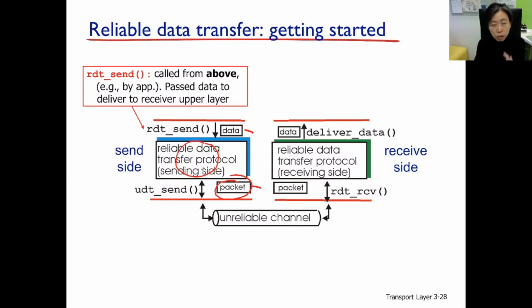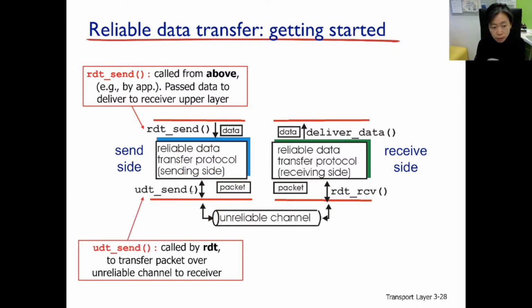And the action of pushing the packets down to the unreliable channel is UDT send. So UDT send here is called by the RDT, the protocol sending side, to transfer packets over the unreliable channel.